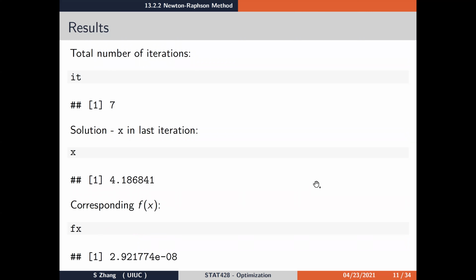So here are the results of solving that quadratic equation using Newton's method. The number of iterations was equal to 7, and the solution in the last iteration, which is given by the current x value, is around 4.19 again. The corresponding f(x) is again really close to 0.